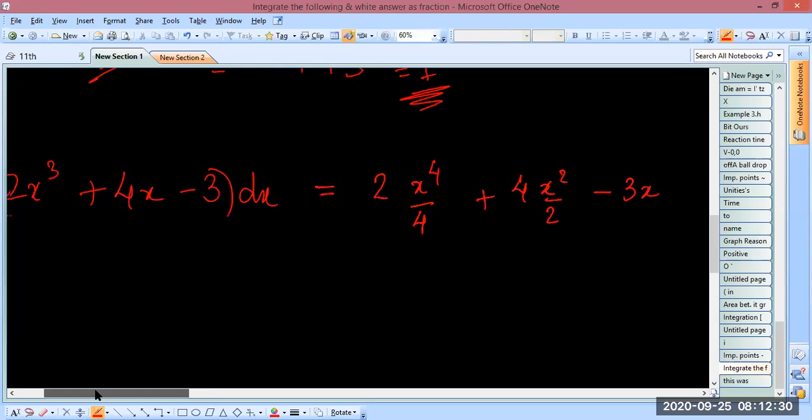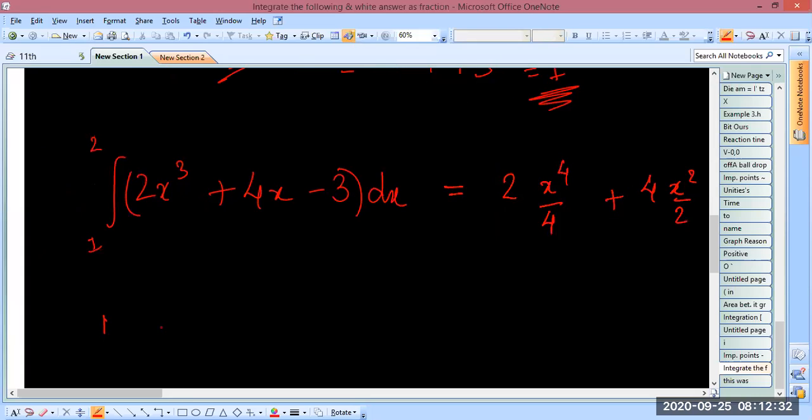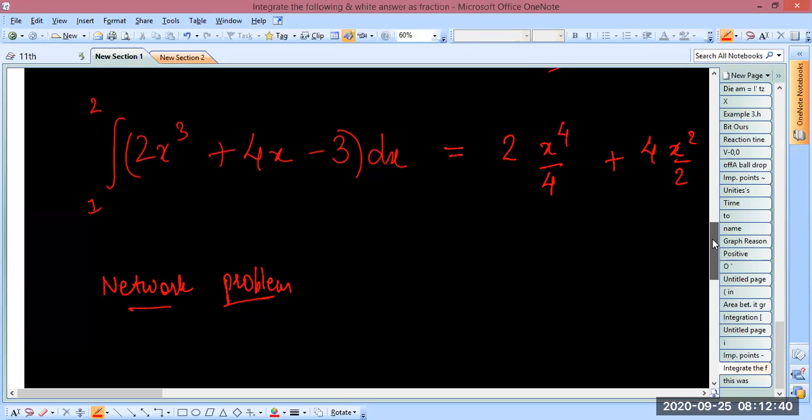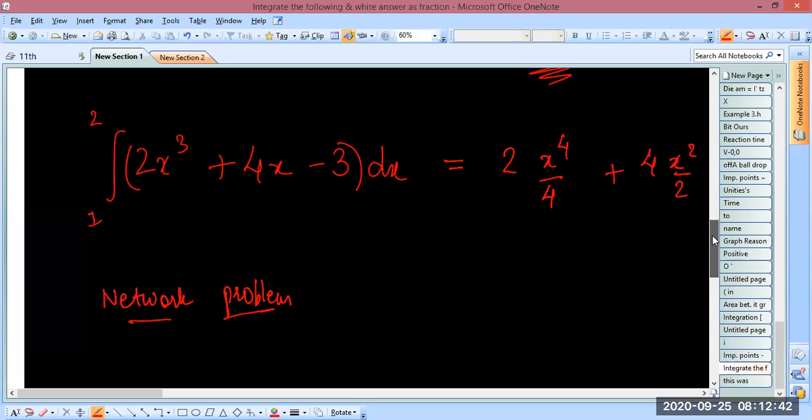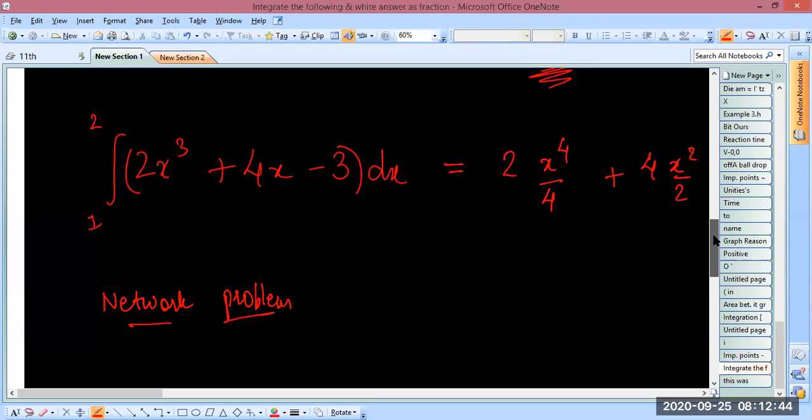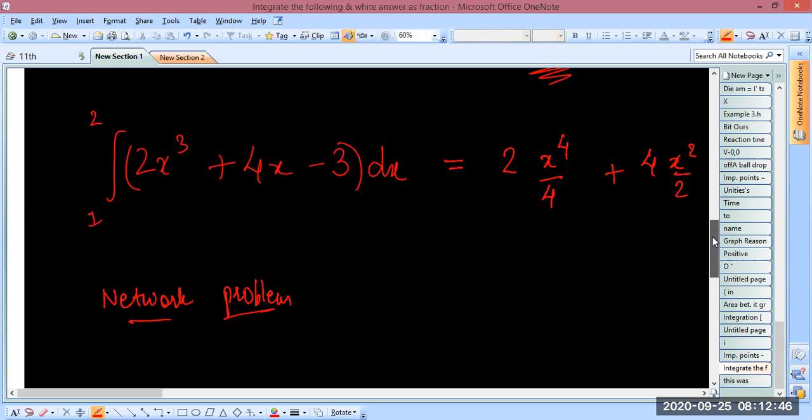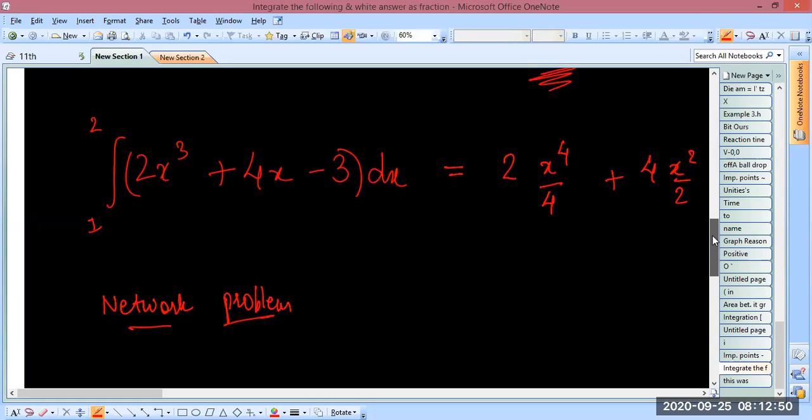See, everyone, I would request you, if you have a network problem, please try to adjust, right? Use someone else's phone, use someone else's network, data, something. I hope you realize when I have a network problem, what I'm doing: I'm running to the school 3 kilometers away from my house immediately.